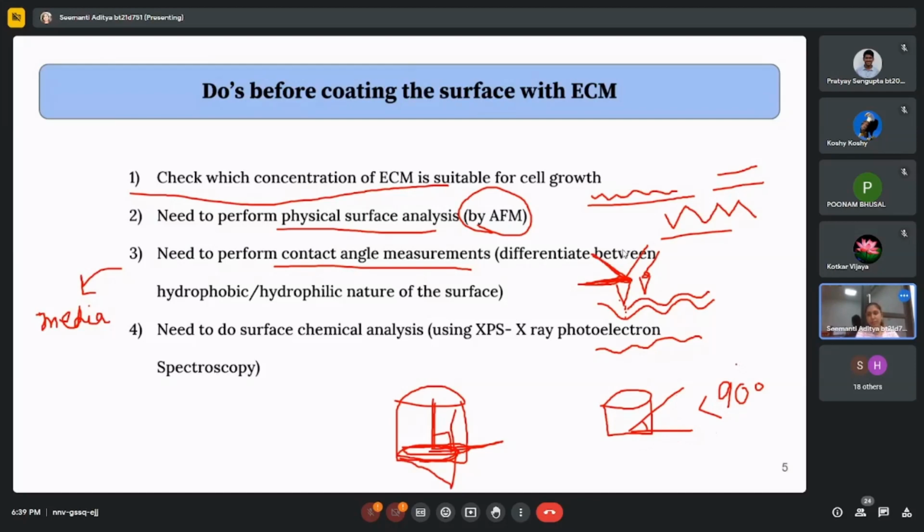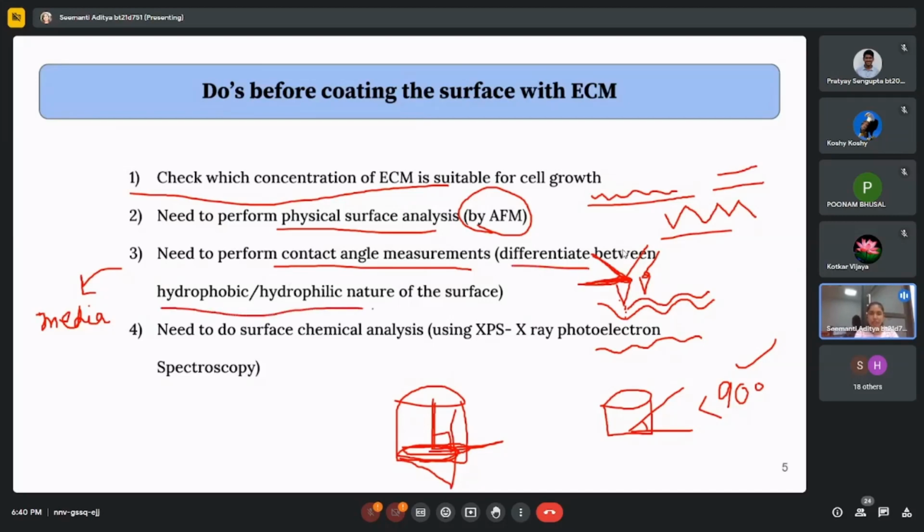So if your contact angle is less than 90 degrees, that means it is good to go. A lesser contact angle means good spreading of the ECM, and that is good for the cells to adhere and grow on it. Also, this differentiates between the hydrophilic and hydrophobic nature of the surface.